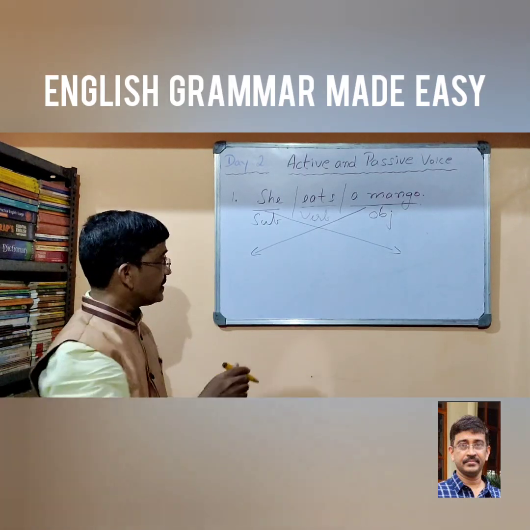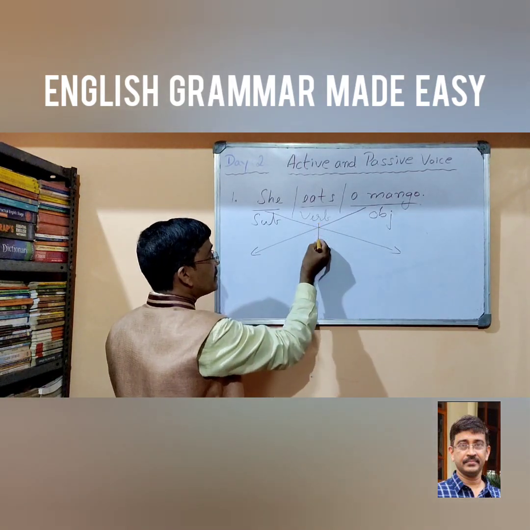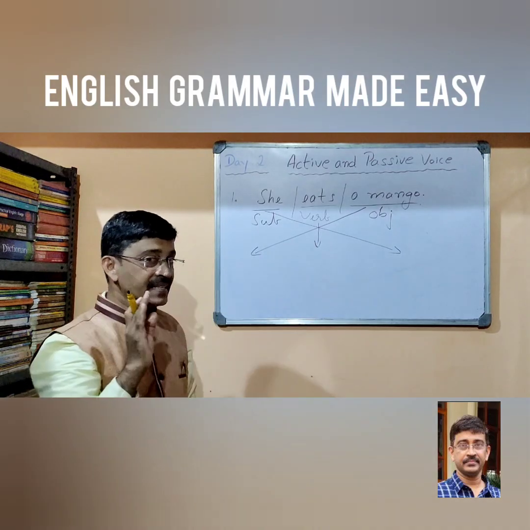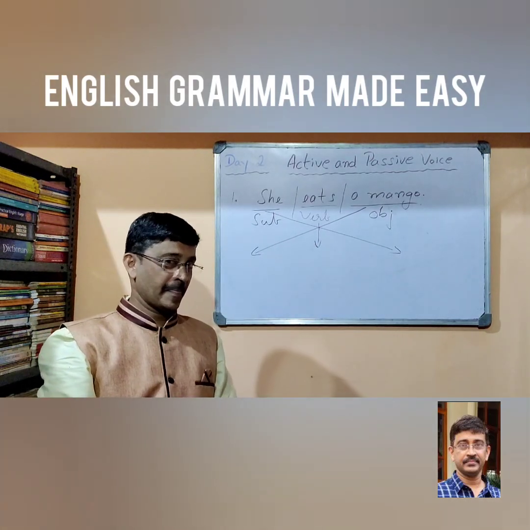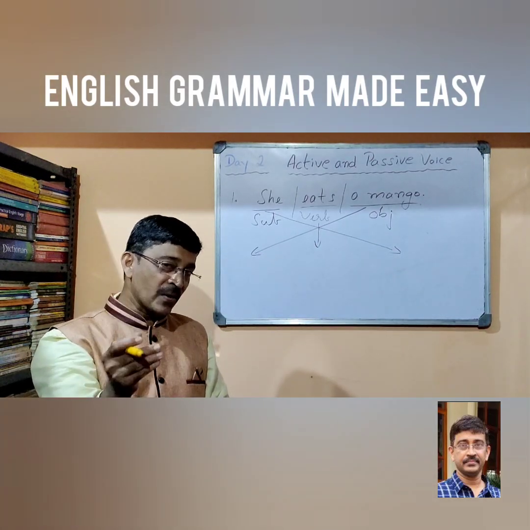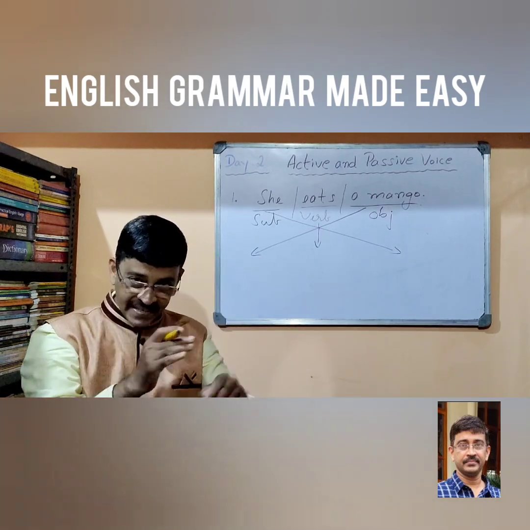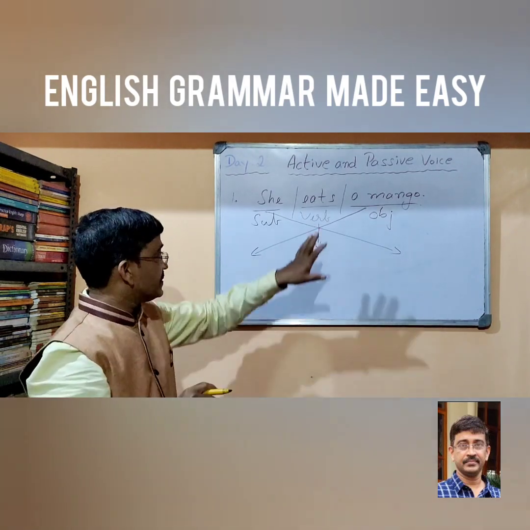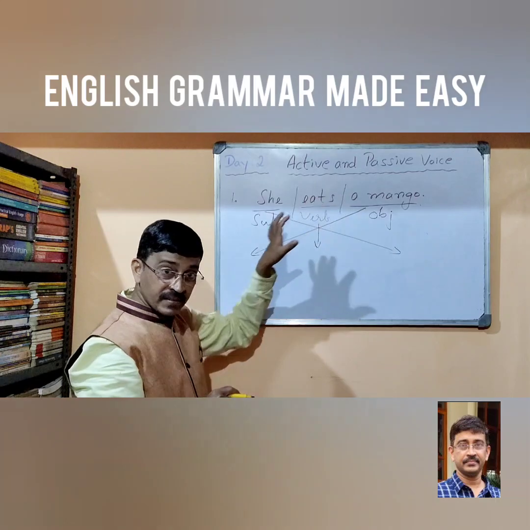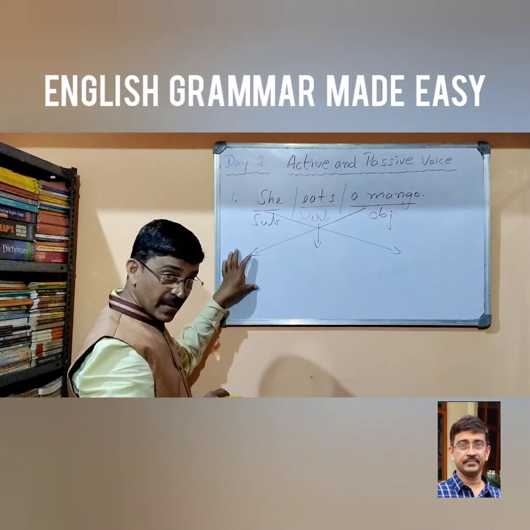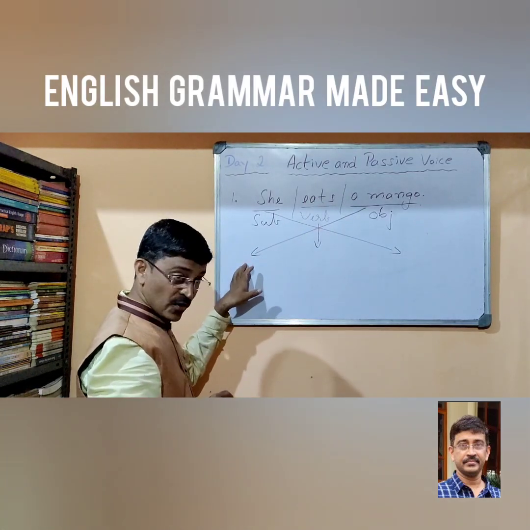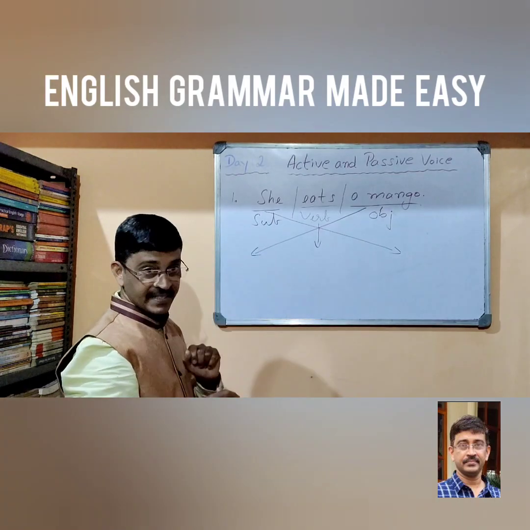Got it? Then next step, the verb remains in the same place. What are you going to do now? You are going to write it as it is. You are taking the object in the beginning place of passive voice and write it.